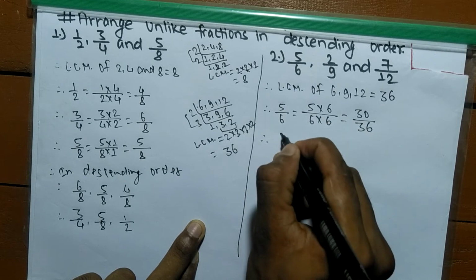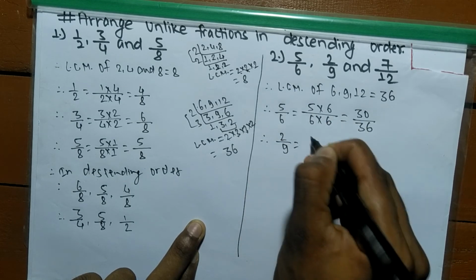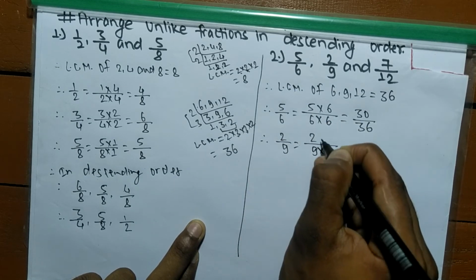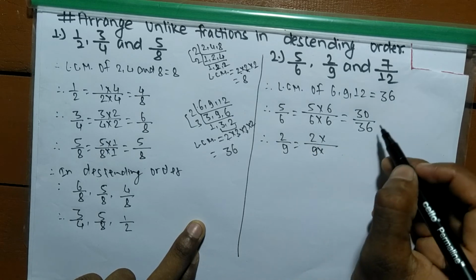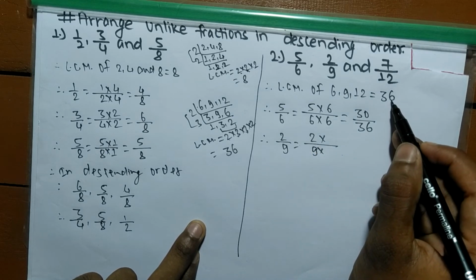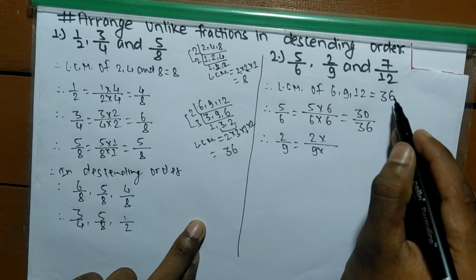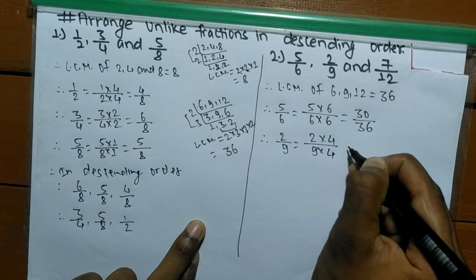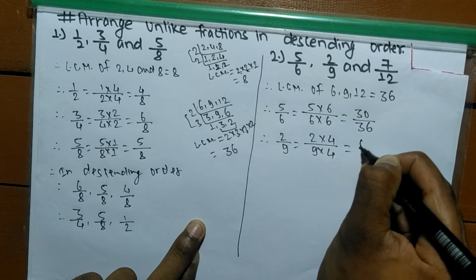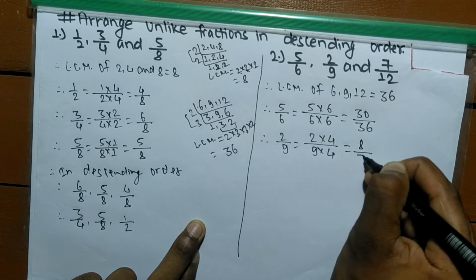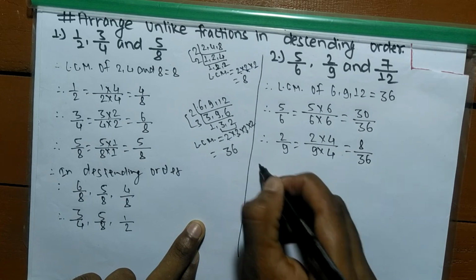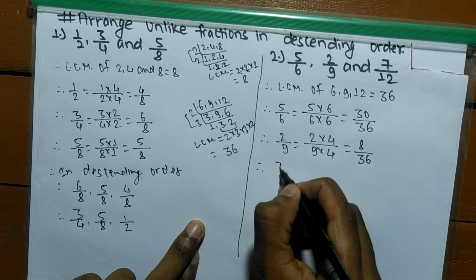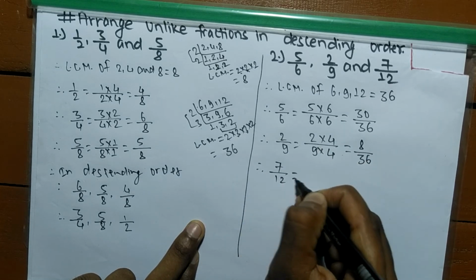Likewise, the second fraction is 2 by 9. The LCM is 36 and the denominator is 9. So 36 divided by 9 is 4, multiplied by 4. So 2 times 4 is 8, and 9 times 4 is 36. Likewise, the third fraction is 7 by 12.